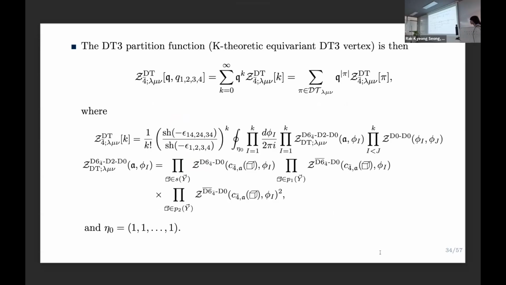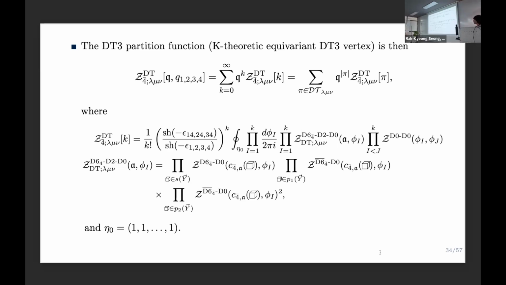The information of the boundary conditions will be contained in this framing node part, and the other part won't depend on it. When specifying the contour integral of the JK residue, you need to choose the eta vector to be 1, 1, 1, 1, this way.